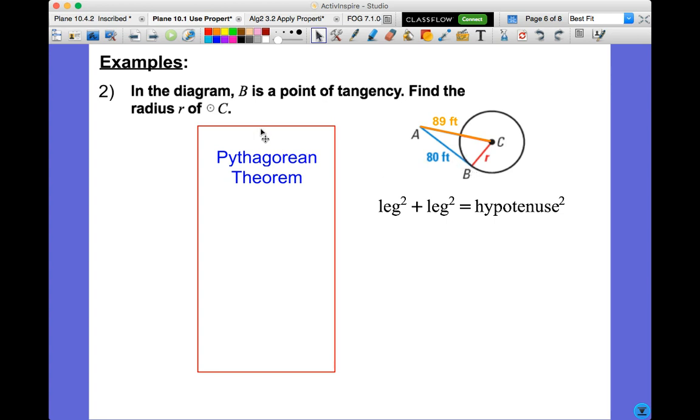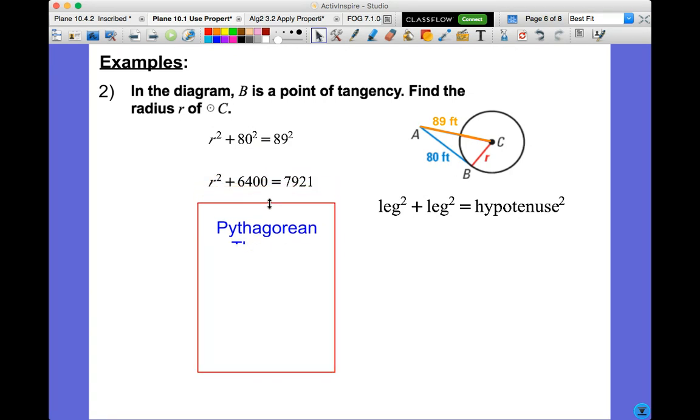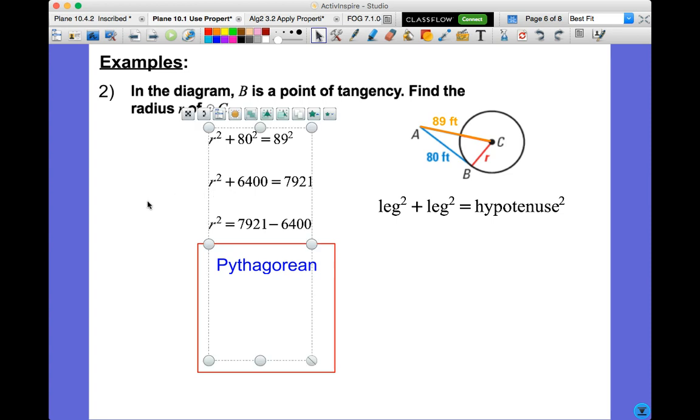So let's set up our problem. We're going to say r squared, which is one of the legs, plus 80 squared, the second leg, is equal to 89 squared. So let's solve. We are going to square 80 and 89. Then we're going to subtract 6,400 from both sides because we are trying to isolate r.